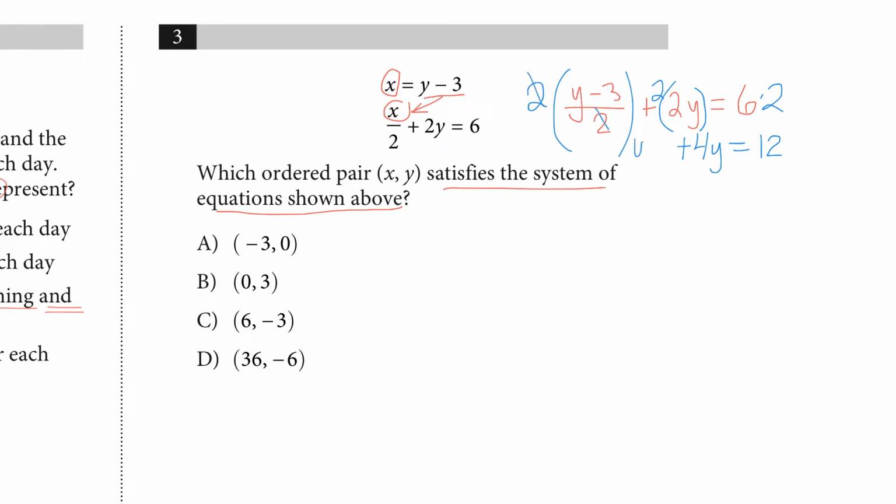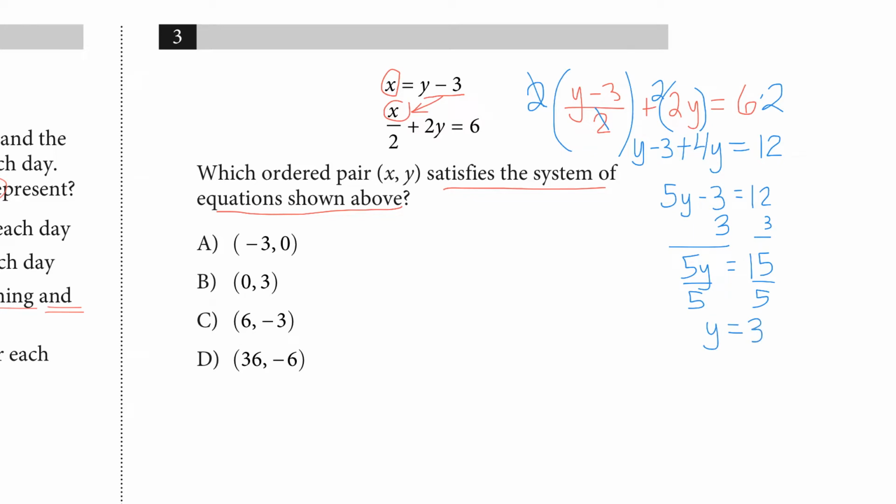So I'm going to have y minus 3 plus 4y. So y plus 4y is 5y minus 3. That's equal to 12. And if I add 3 on both sides, I'm going to have that 5y is equal to 12 plus 3, which is 15. And then all we have to do is divide by 5, and y is equal to 3.